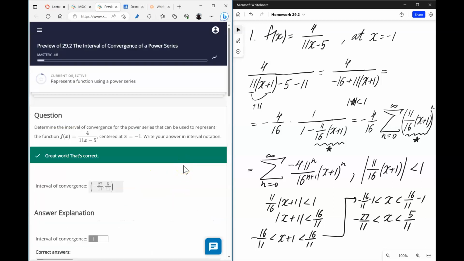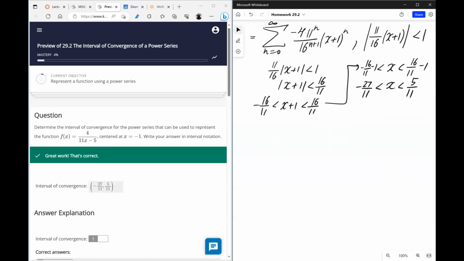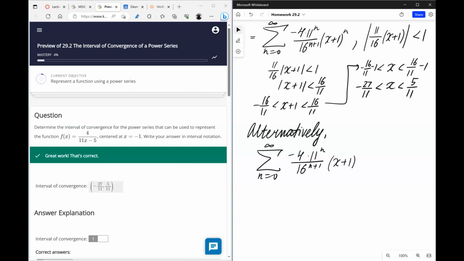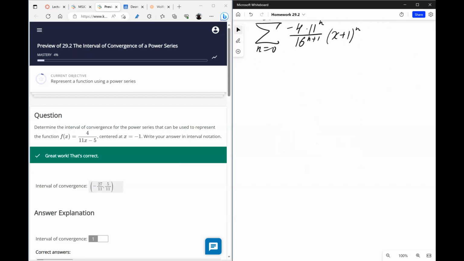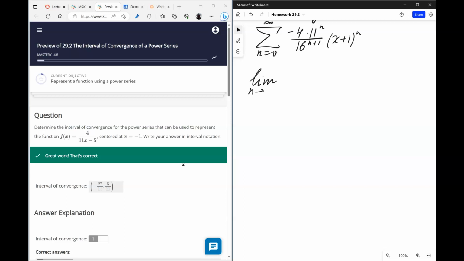So alternatively, we can take this as a starting point. When you are presented with a power series for which you have to find the interval of convergence, what we do is we set up the ratio test.